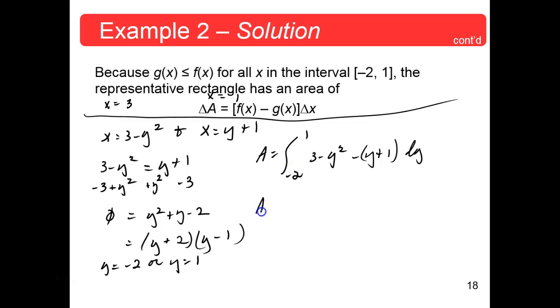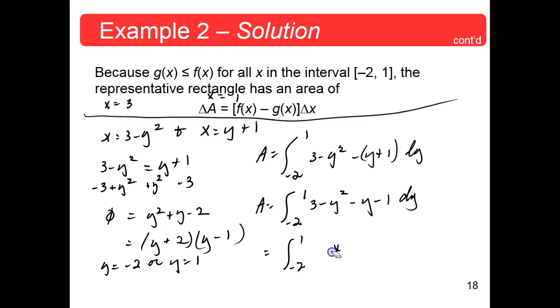So what would this be? A is equal to the integral from minus 2 to 1 of 3 minus y squared minus y minus 1 dy, and I can simplify that a little bit more.